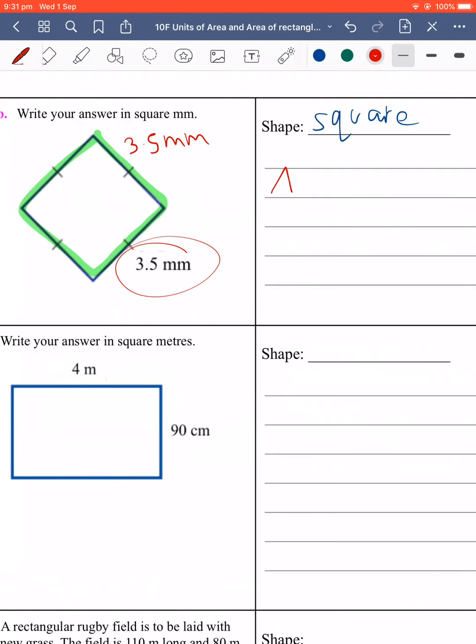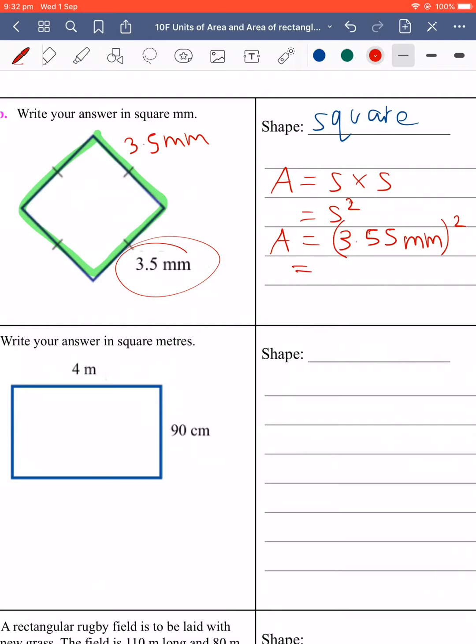And for my area of my square, I do my side multiplied by my side to give me my side squared. Next thing I need to do is to actually substitute in. So this number is going to be substituted into S. So my area then will be 3.5 millimeters, and that's all going to get squared.